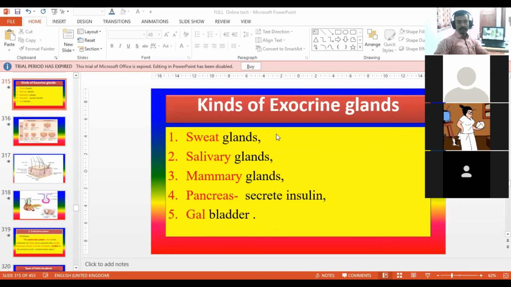Types or kinds of exocrine glands. Sweat glands, salivary glands, mammary glands, pancreas, gallbladder. Excellent answer, Nikita. Thank you, Nikita.